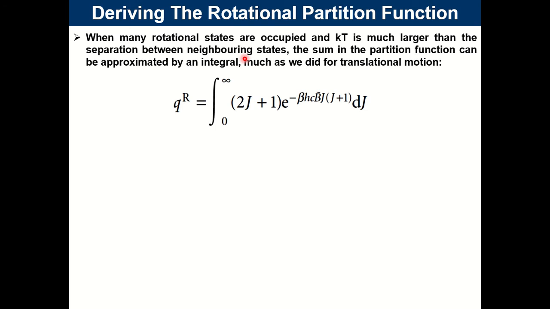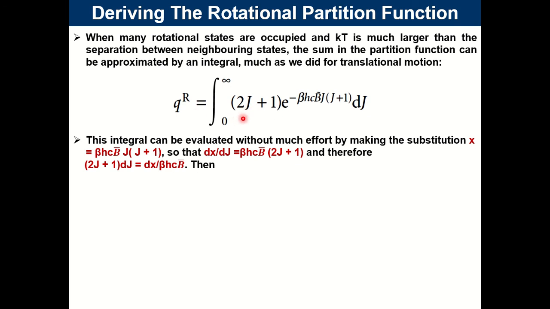Only in exceptional cases where the molecule is much lighter, with very little mass, will the separation between energy levels be larger, and the population in the first and higher excited states be much lower compared to the rotational ground state.